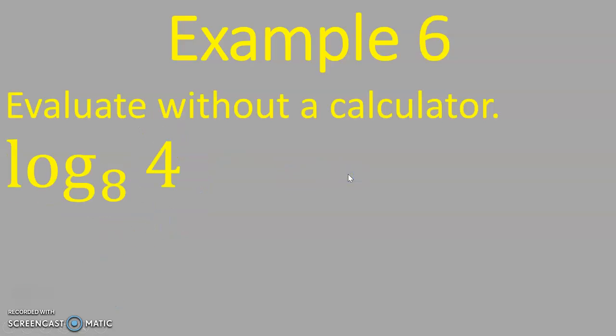Finally, the sixth example, now this one seems rather difficult. Log base 8 of 4: 8 raised to what power is equal to 4? And you think, well, how's that happening? 4 is smaller than 8, but how do I raise it to an exponent to get there? Well, what you have to think here is actually roots.